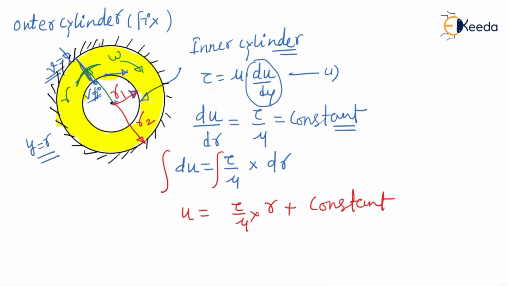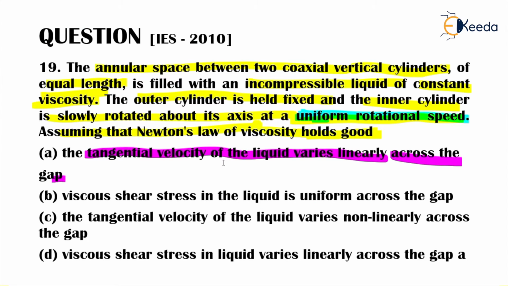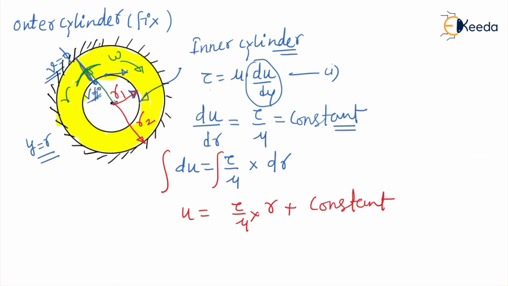In this question, the limits can be kept because the radius varies from r1 to r2, and u also varies from 0 to something. But we were not supposed to find numerical values, so we are not going for calculation. We just need to find how the variation is, whether we are getting a linear, quadratic or cubic equation.